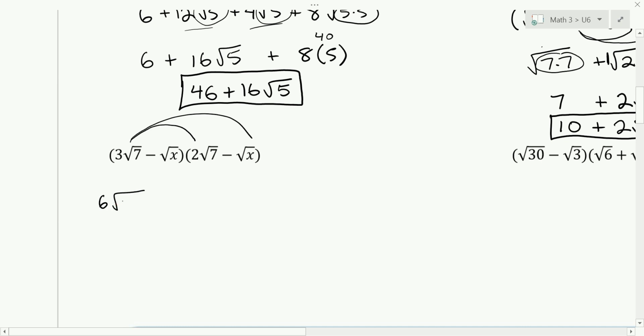Okay, so we're going to multiply those together. And so you end up with 6 times 7. Good. And then when you multiplied 3 root 7 times the negative root x, what'd you get? Good. And then what'd you do?